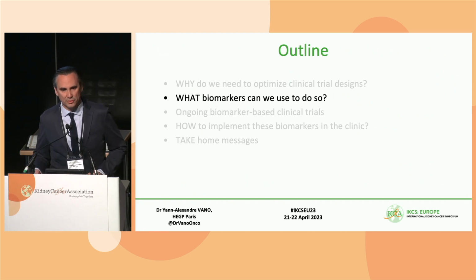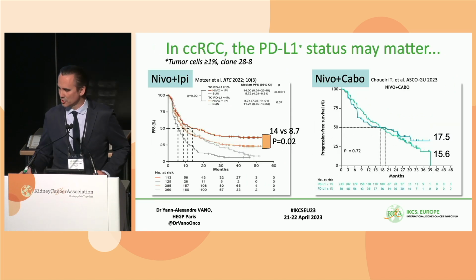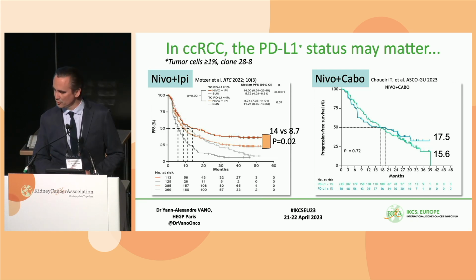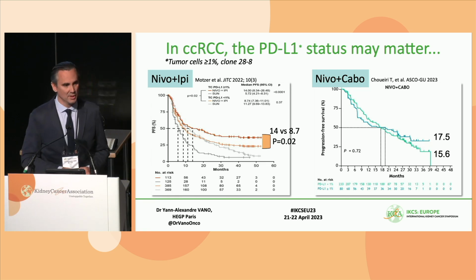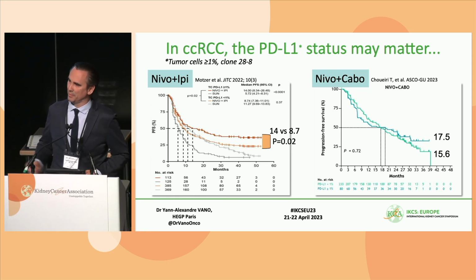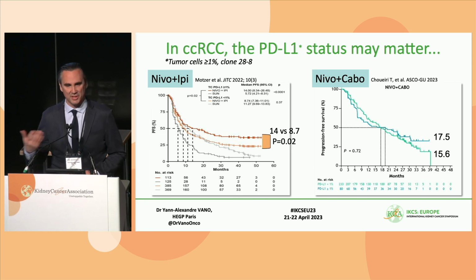So maybe combining all drugs all together without selection is not a real solution. What could we use? We talked a lot about biomarkers this morning. Just very simple biomarkers. I think we have to reconsider PD-L1 as an interesting biomarker because it is quite simple to do. And if you look at the efficacy of Nivo-EP regarding progression-free survival according to the PD-L1 status, obviously you see a huge benefit of Nivo-EP in patients with PD-L1 positive tumors.